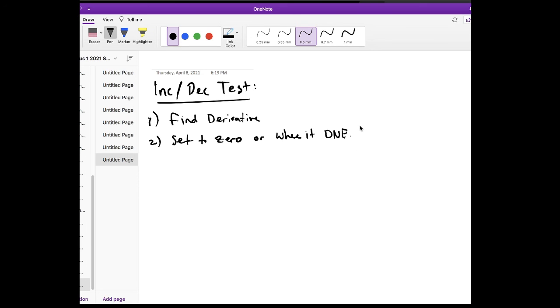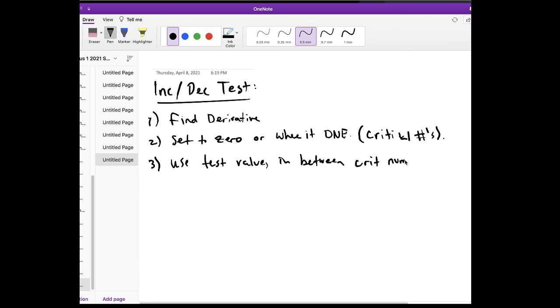Critical numbers, yeah. Inflection points are going to be later. Critical numbers. And then use test values in between critical numbers to determine sign.